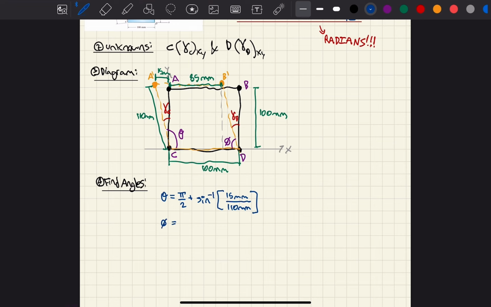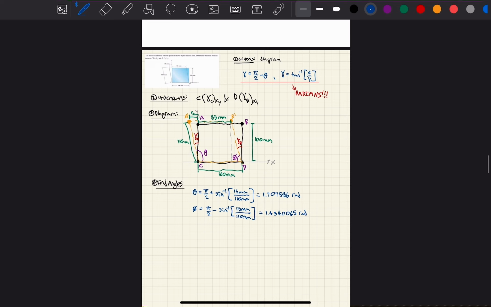Phi is equal to pi over 2 minus the sine inverse of 15 millimeters over 110 millimeters. This will give you two angles in radians: 1.70758 radians, which is about 97 degrees, and 1.434006 radians, which is about 82 degrees.